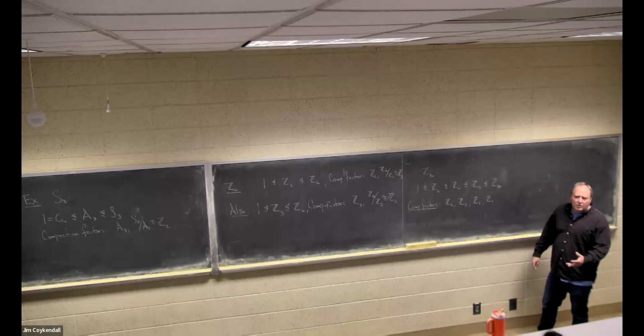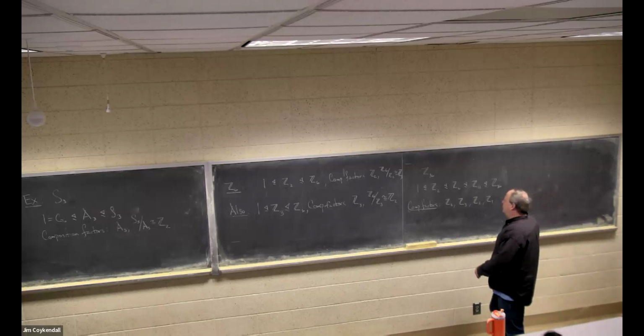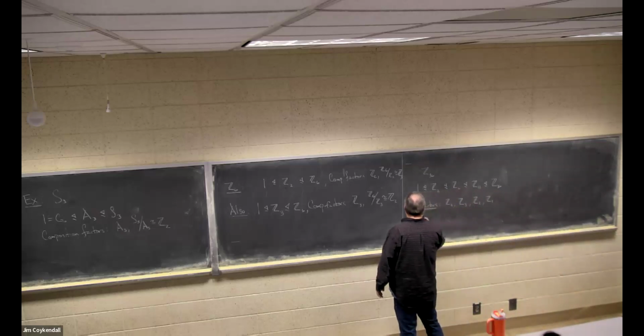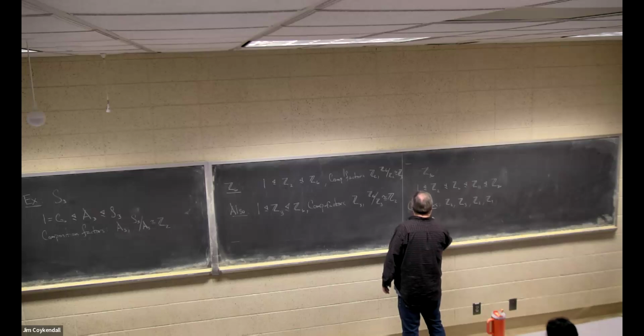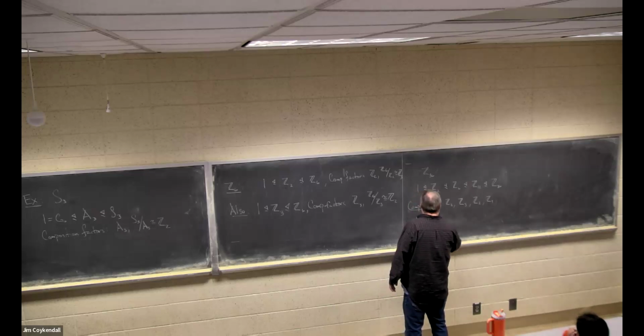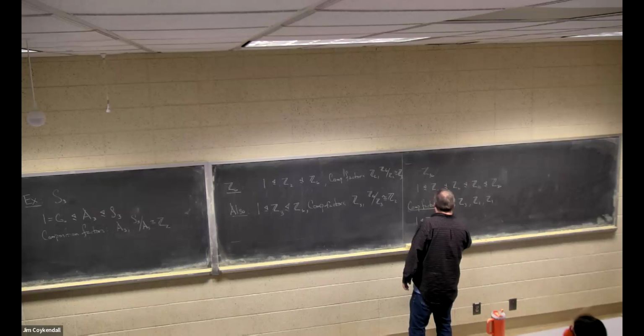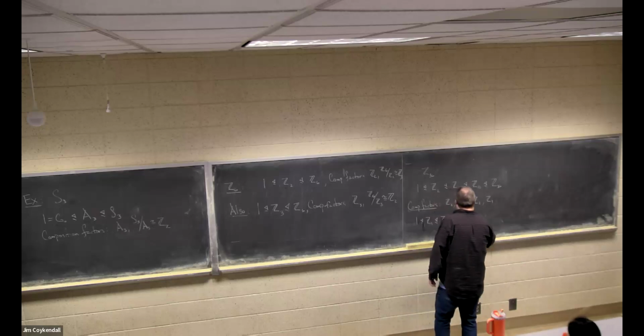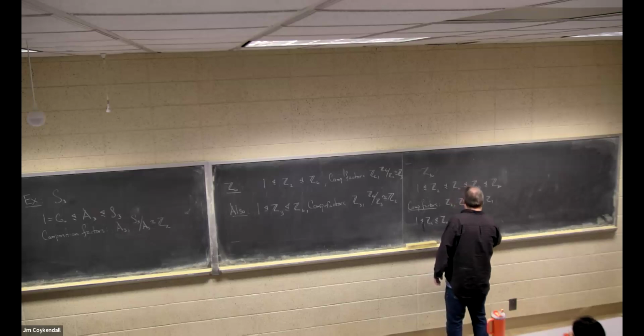But I could get these in other orders, right? I could also do 1 is normal in C3, is normal in C9, is normal in C18, normal in Z36.